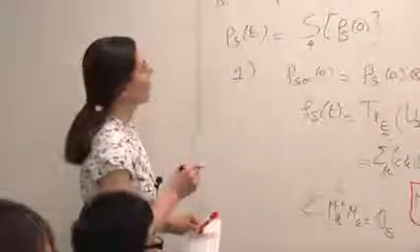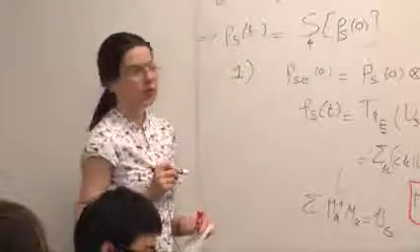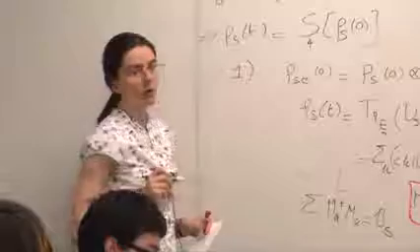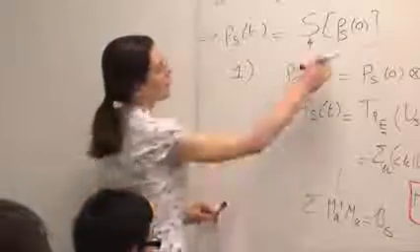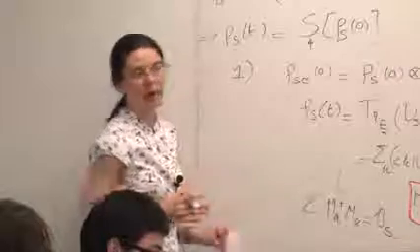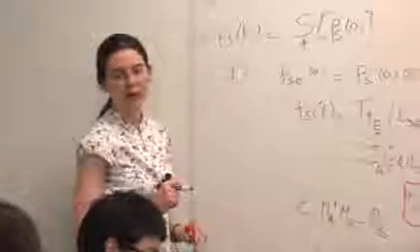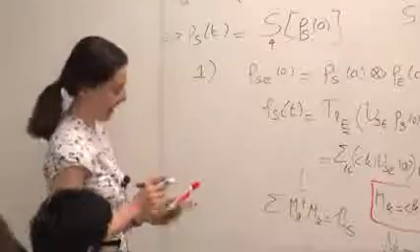So we started by saying that what I wanted to achieve was something like this. I want to be able to describe the evolution of my system based on what my system was at time 0 alone, without any knowledge of what my environment was to start with. And I told you one way of writing this down is in terms of this Krauss sum operator.